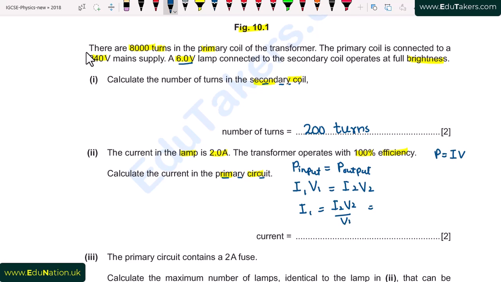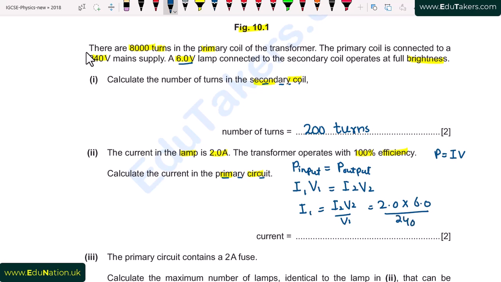So the value of current through the secondary is 2.0 multiplied by the voltage across secondary, 6.0, divided by the voltage across primary, 240 volt.